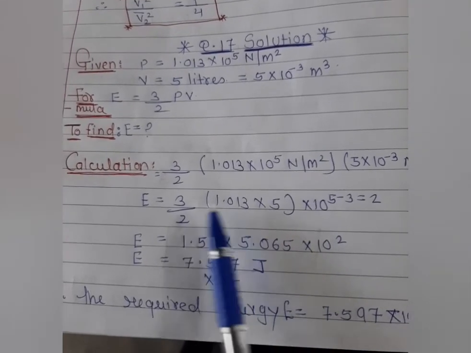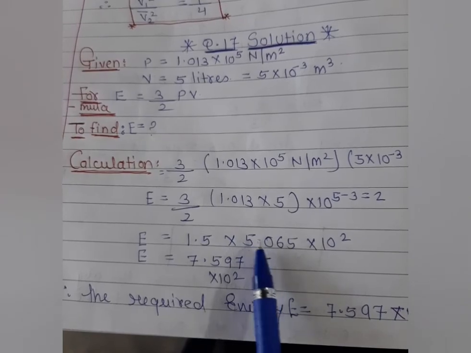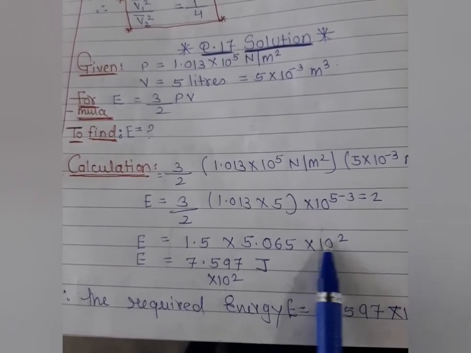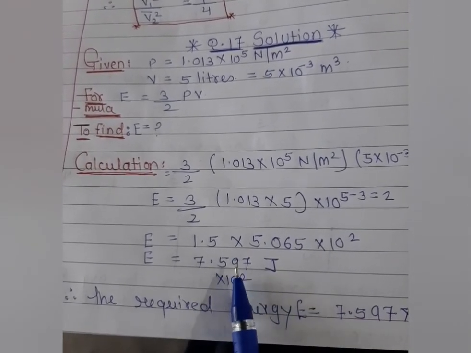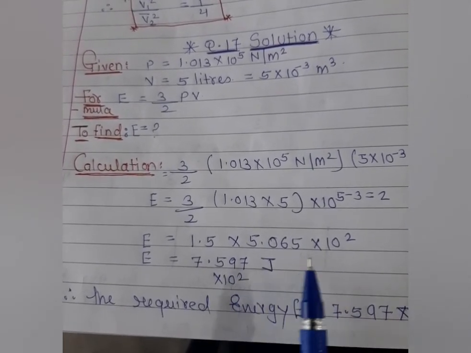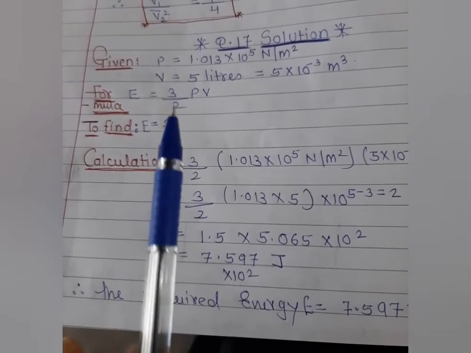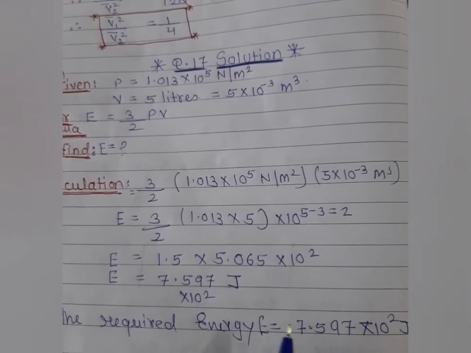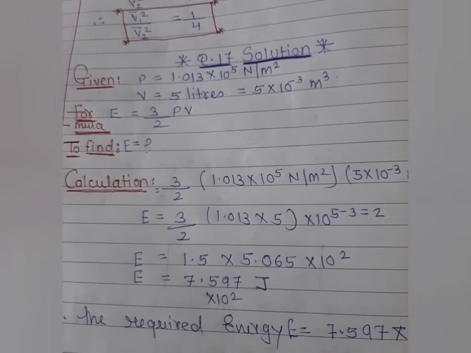Here 3/2 we take as 1.5, and the multiplication with 5.065 gives, when we solve the power, that is 10⁻², 7.597 into 10⁻² joule. It means this much energy is needed for this volume at this constant pressure. So this is the required energy, that is 7.597 into 10⁻² joule, to expand this gas.